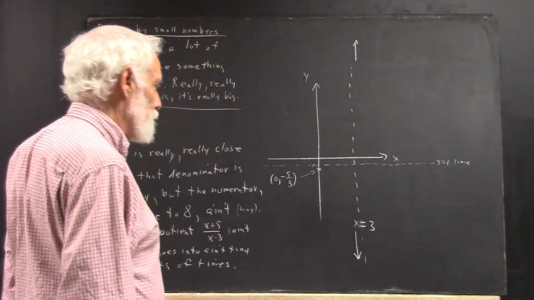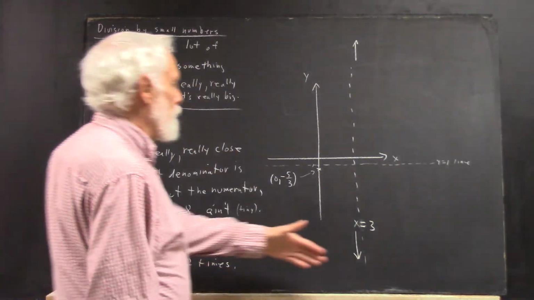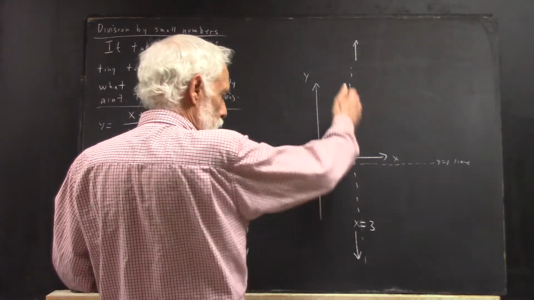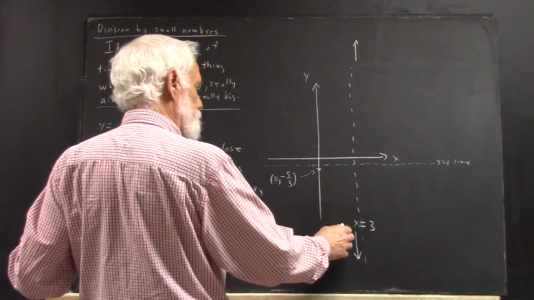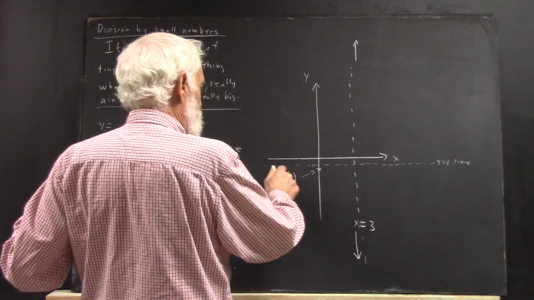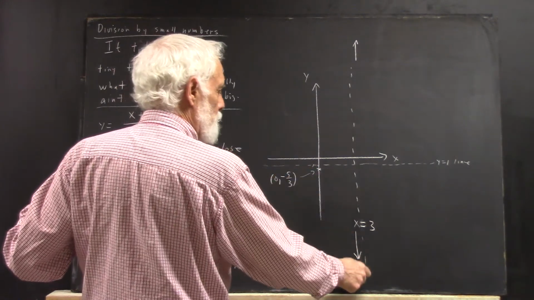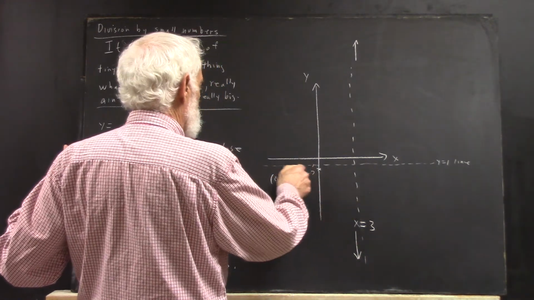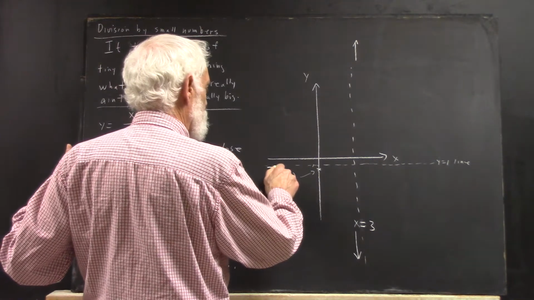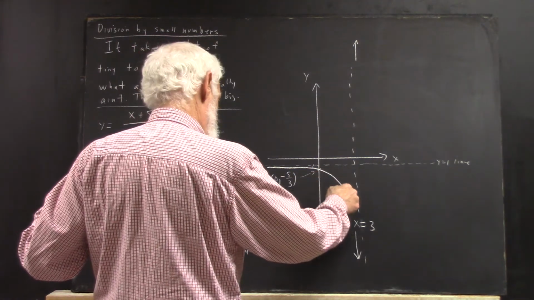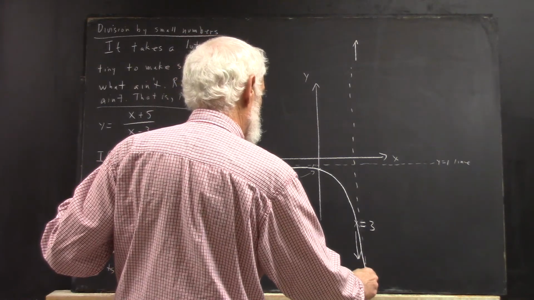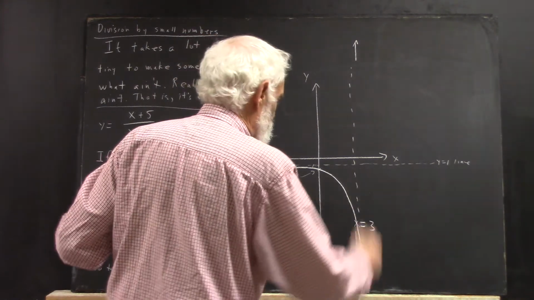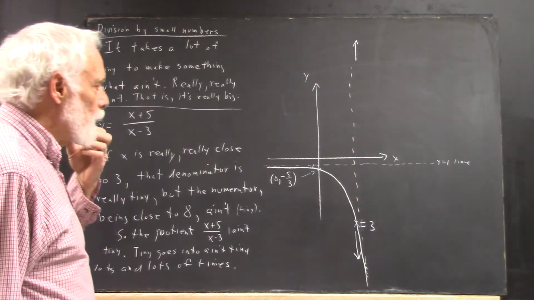Okay, well, on this side of your vertical line, x equals 3, the asymptote, that means the graph has to go way down here, has to go through here, and then it's got to get close to this, so it looks like this. Very simple. It never crosses this line. Just keeps getting steeper and steeper, closer and closer to the line.